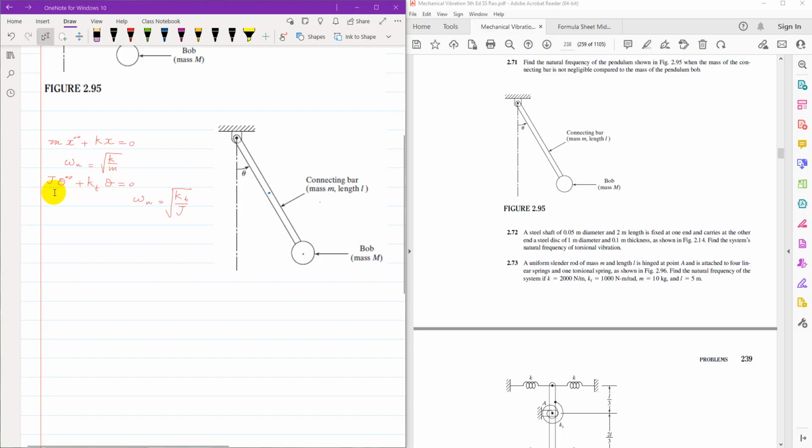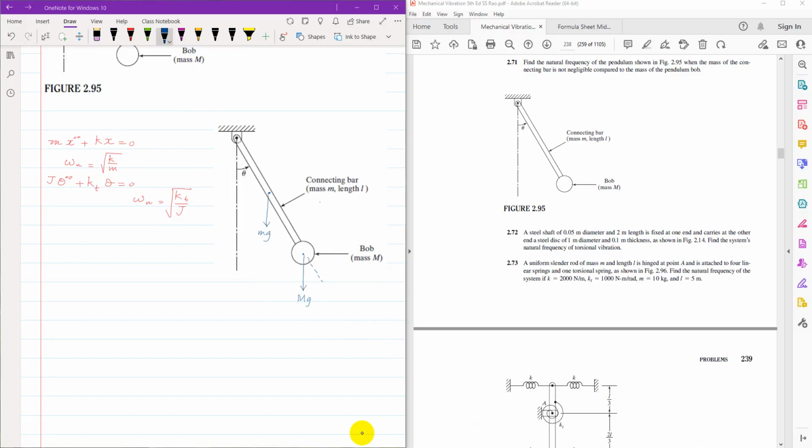And for a single degree of freedom torsional system, the equation of motion is J theta double dot plus k t theta equals 0, and again the coefficient of theta divided by the coefficient of theta double dot gives the natural frequency. So I'm going to solve this problem using Newton's second law of motion.